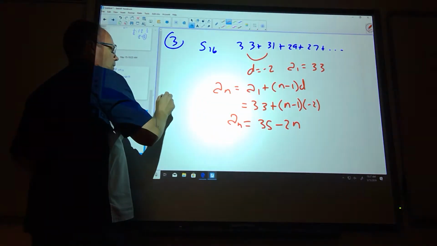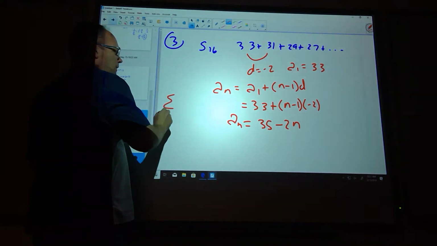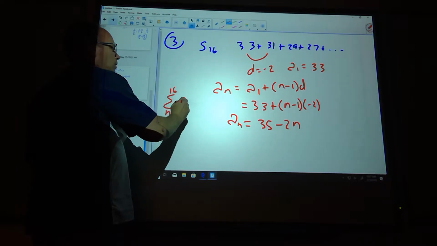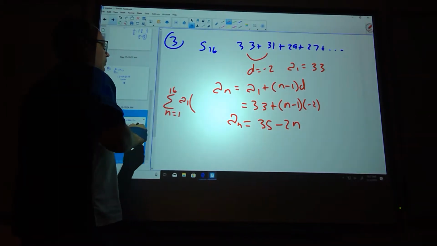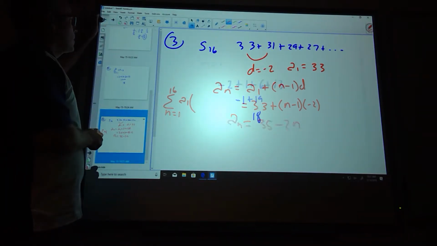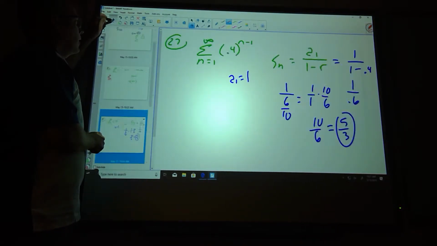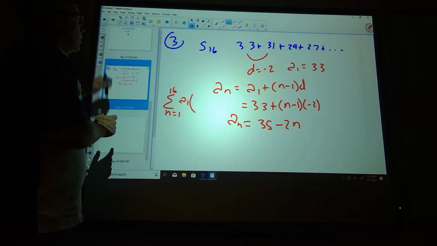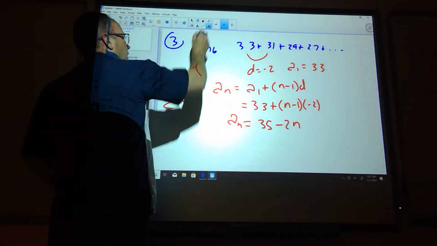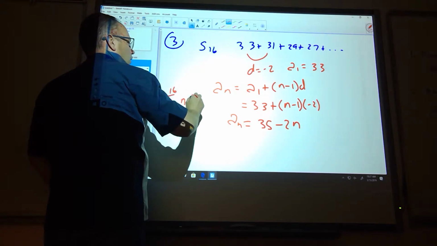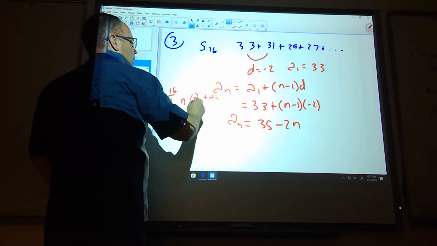So I'm going to do the summation from n equals 1 to 16. That should have been an n right there: n times first term plus last term, divided by 2.